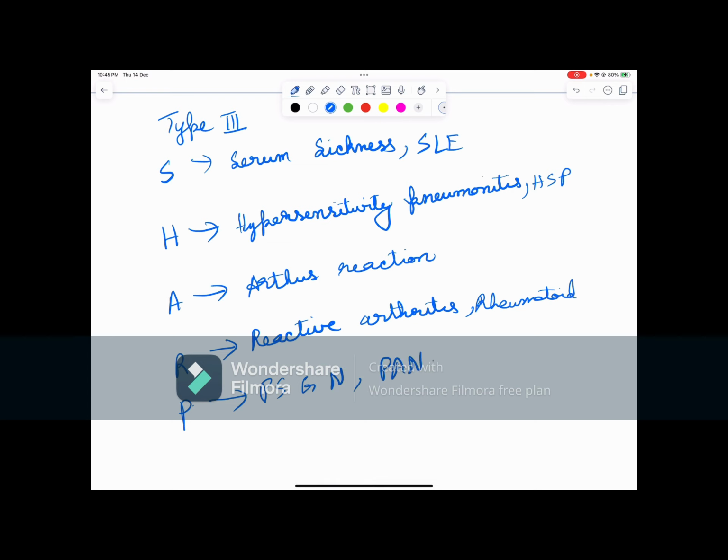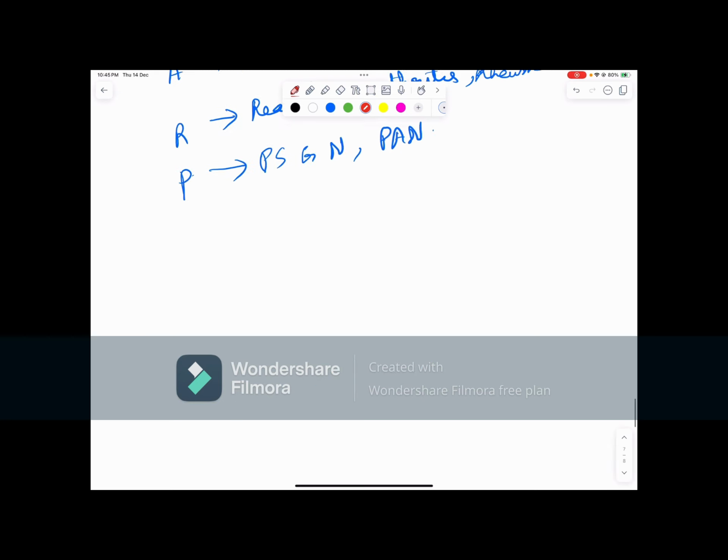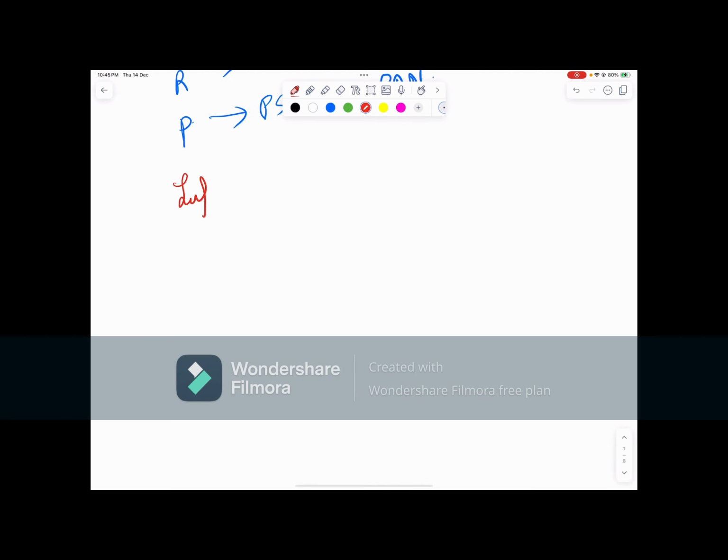But remember, although SLE is a part of type 3 hypersensitivity, when we go for lupus nephritis, it is type 4 hypersensitivity. And also remember that it has full house pattern.